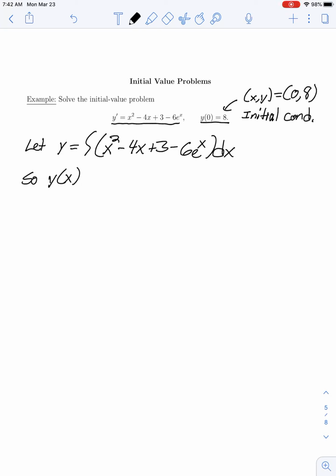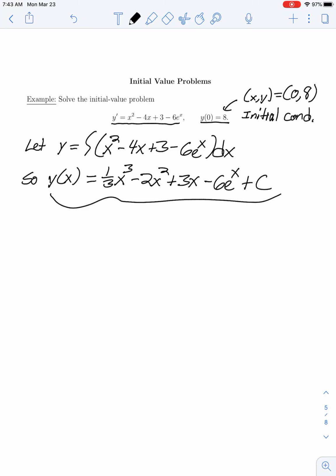So we find here that y as a function of x is 1/3 x cubed minus 2x squared plus 3x minus 6e to the x plus some constant c. So this that we have found so far is, again, what's called a general solution, because it depends on this general constant c.